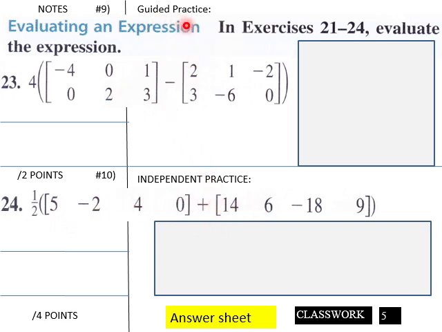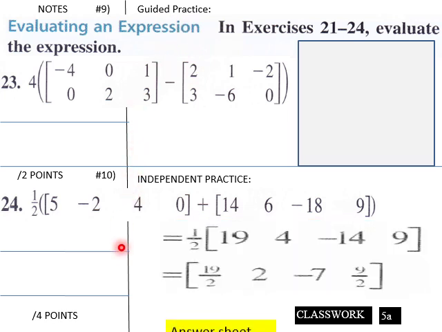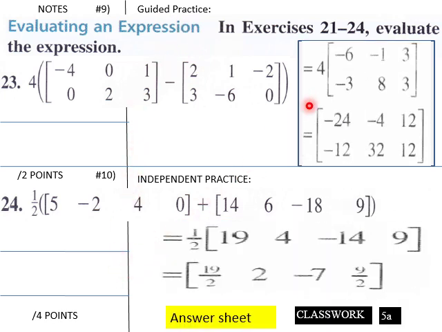Let's focus now on our guided practice up here. When we do this, we have 4 times this minus 4 times that.